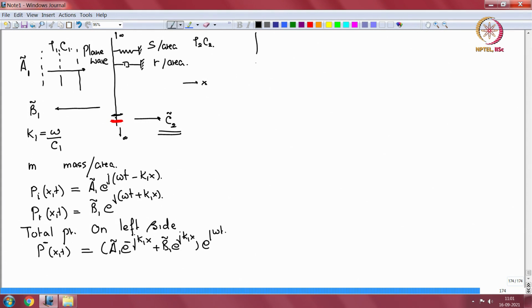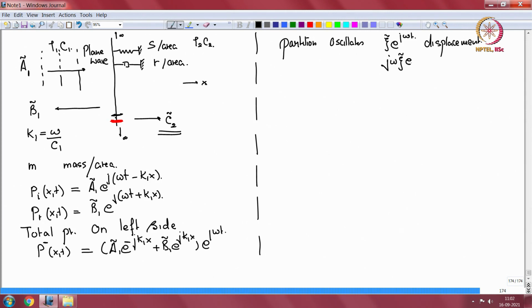Now, let us say the partition oscillates as xi tilde e to the power of j omega t. That is the displacement, and therefore velocity is j omega xi e to the power of j omega t.